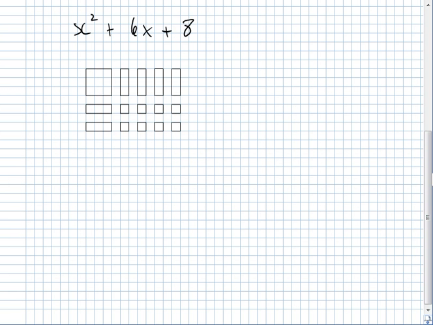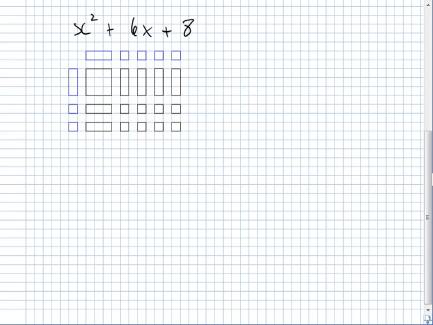Okay, there it is there. You'll notice I haven't colored it in because I'm lazy and I just don't want to do all that coloring. So that's the trinomial using algebra tiles arranged in a rectangular shape. To factor this, all I have to do is look at the dimensions of the height here, or the width, I guess you'd call it. So this would be x, and this is 1, and another 1. And look at the top, or the length: this is x there, and a 1, and a 2, another 1, another 1.